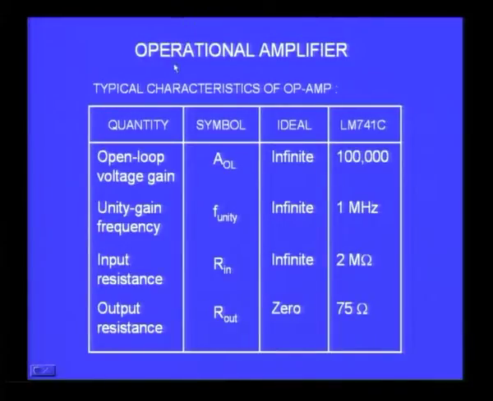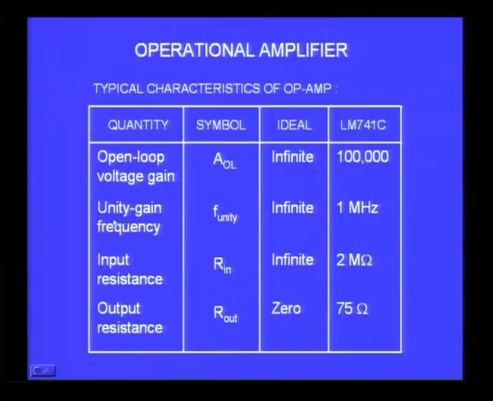Now, before we move on to the next topic, it will be good to recall the typical characteristics of the operational amplifier once more, both the ideal and a typical op amp, which is a very popular one, 741. If you look at the open loop gain, which is called AOL, the ideal op amp has infinite gain, whereas a typical 741 has a gain of 100,000, which also is a very large number.